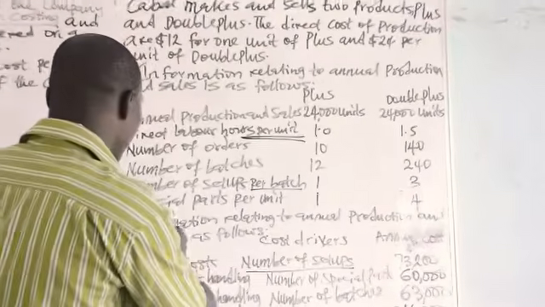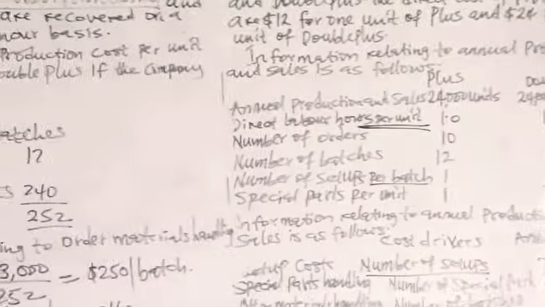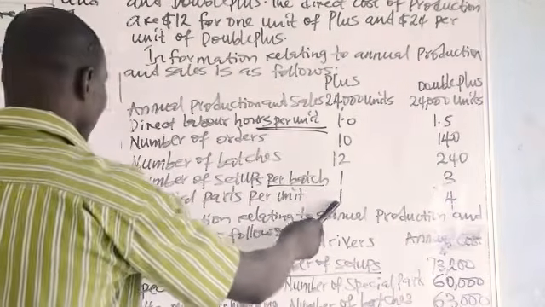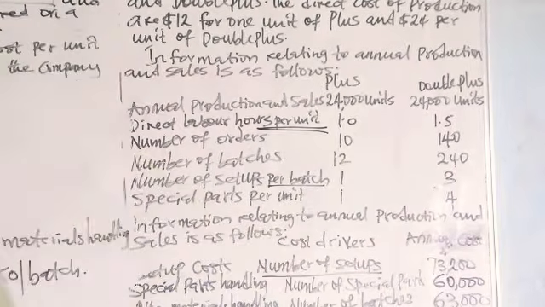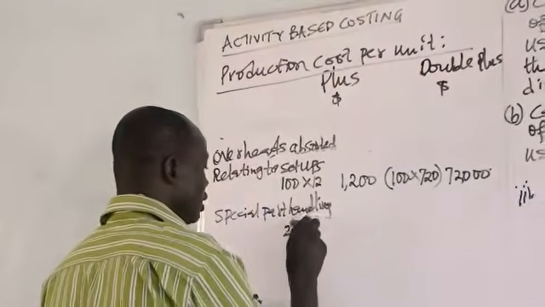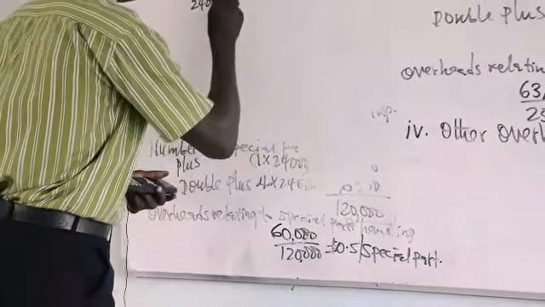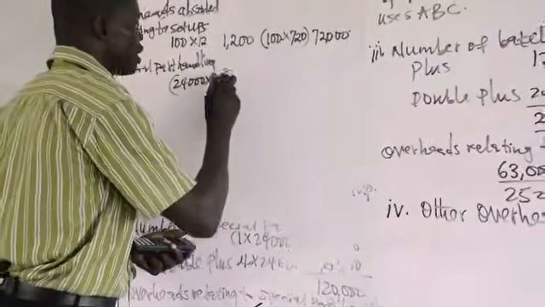And the number of special parts is per unit. We have 24,000, which I've rounded off. 1 times 24,000, which is 24,000. 24,000 times 0.5 per special part, and that will give us 12,000.